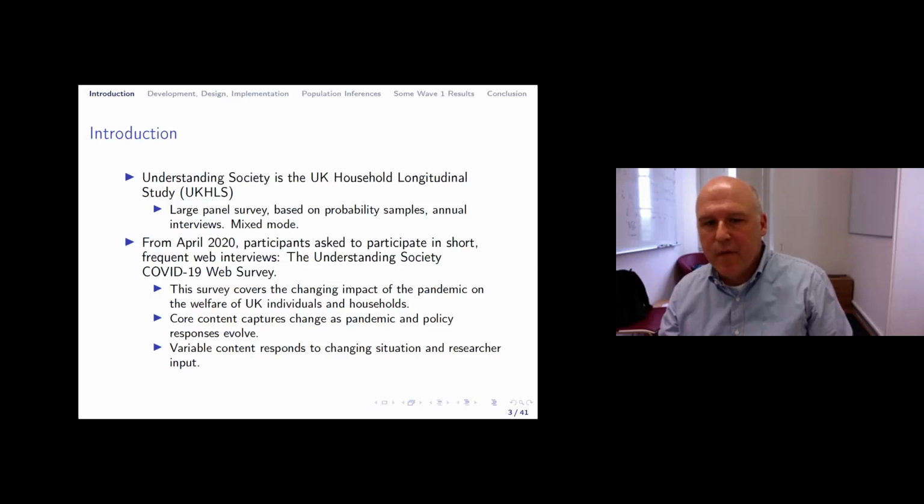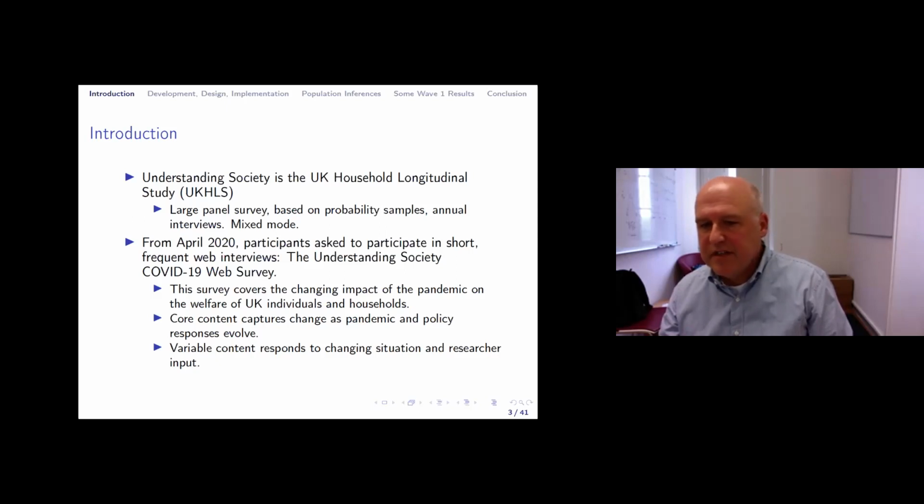So this web survey covers the changing impact of the pandemic on the welfare of UK individuals and households. It has core content, which is repeated. At the moment we're surveying every month, and we may move to every second month. But there is core content that's repeated monthly.